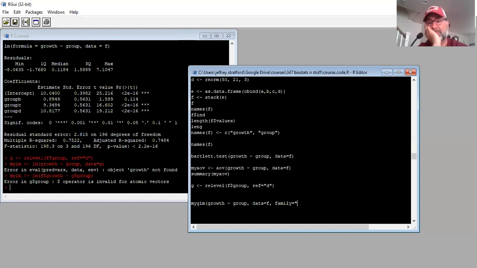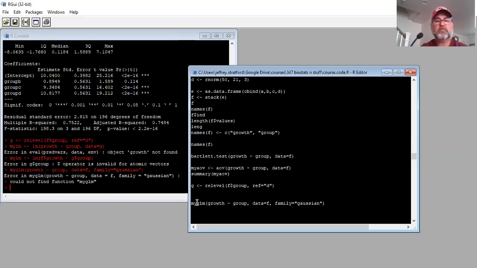R doesn't call it normal, it calls normal errors Gaussian. And you put that in quotes, okay, since it's a string of characters. All right, let's see if this runs. Could not find function. No, that's because I didn't call it right.